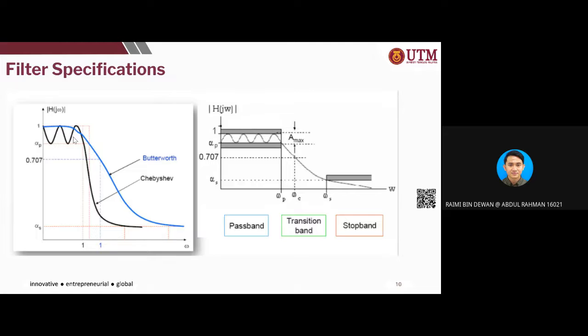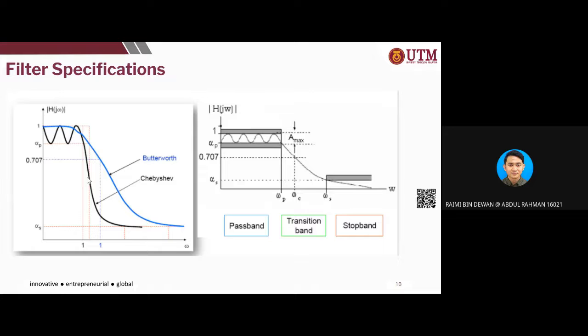And then if you see, even though Chebyshev has ripple, it has a faster roll off, in such a way that it's much steeper. So in terms of roll off, the better one we can say is Chebyshev, because it's closer to the ideal filter.